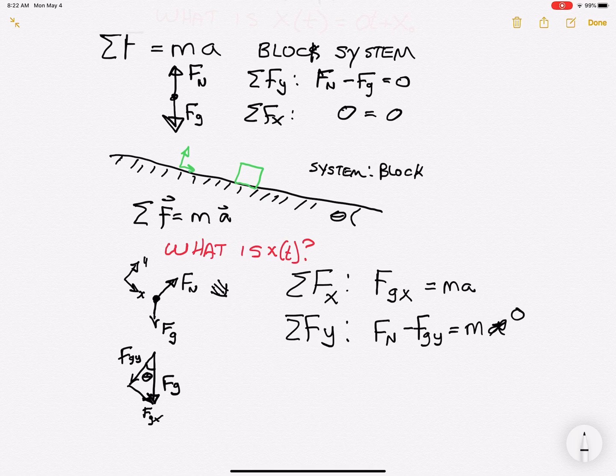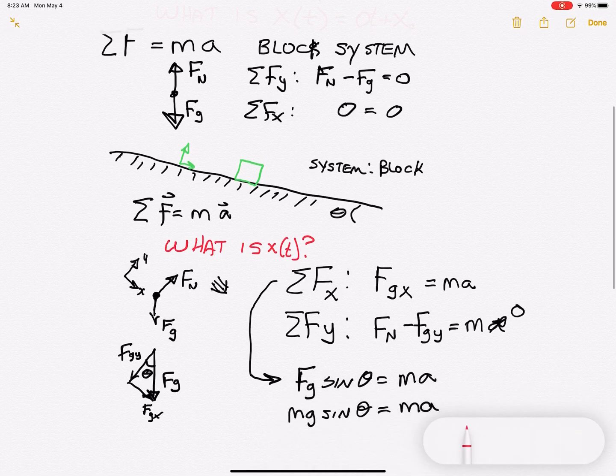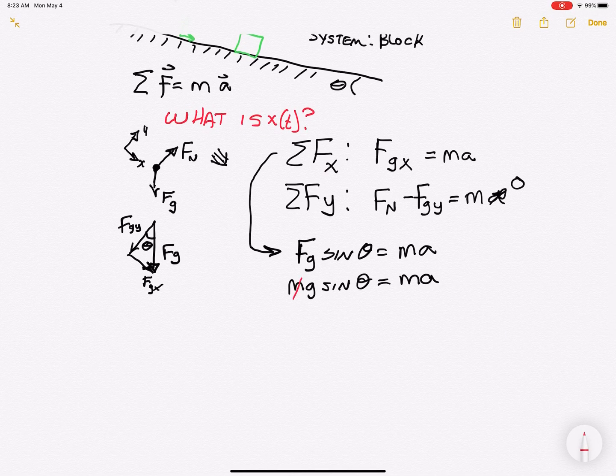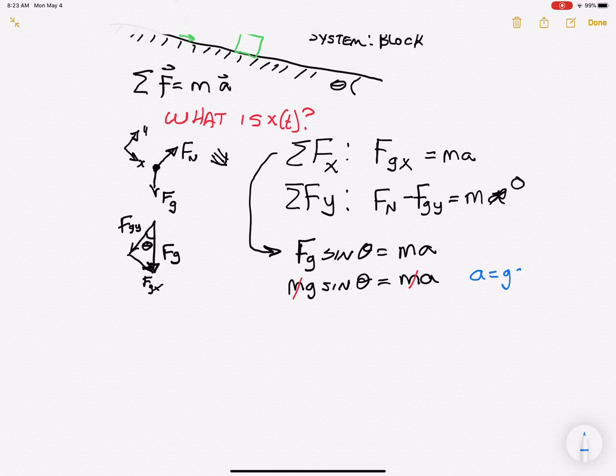So this would turn out to be that Fgx is actually Fg side opposite, so it's going to be sine of theta equals ma, and then Fg is just mass times gravity, sine theta equals mass and acceleration, our masses cancel, and we get the overused result that the acceleration down the incline is equal to g sine theta.